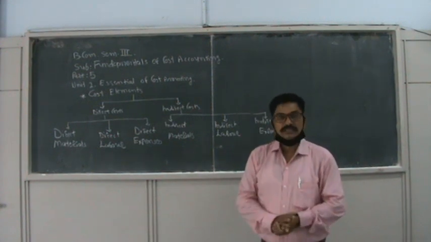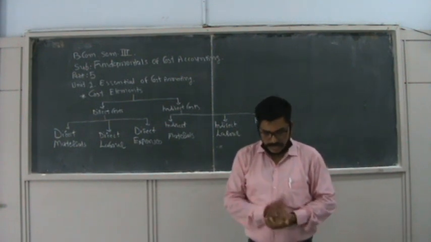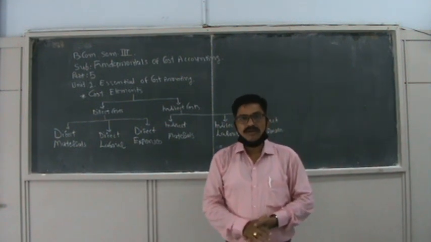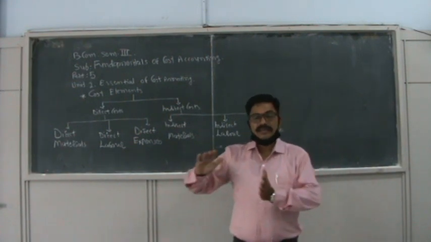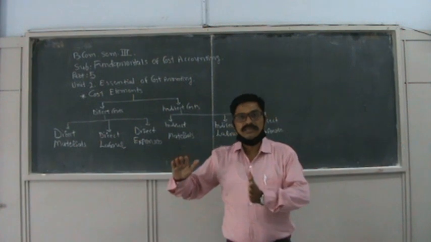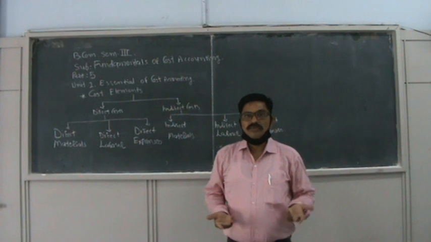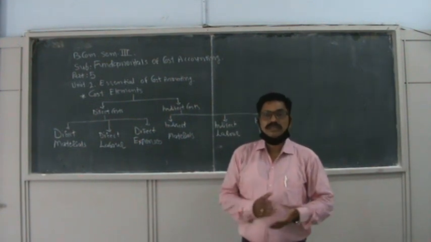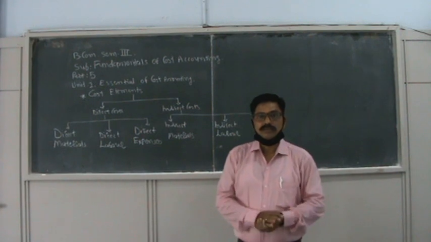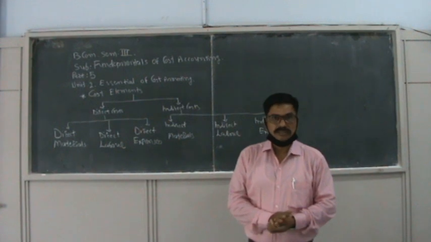Same way inspector, cleaner, clerk, peon, watchman: all these persons are not directly connected with the production procedure, but they are helpful to it. If the watchman does not watch or supervise the unit, then there may be some difficulty in the production procedure.